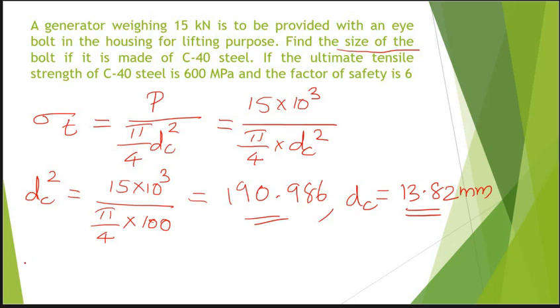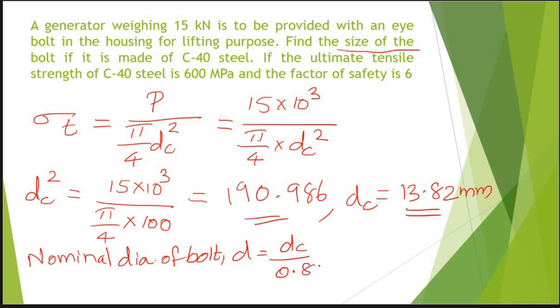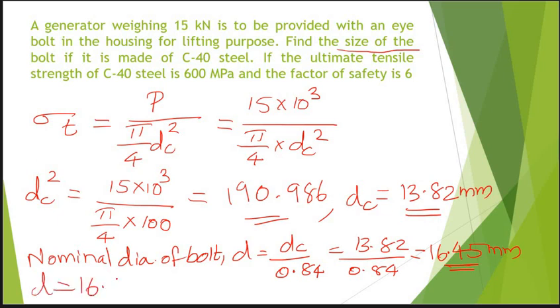So the nominal dia of bolt D is equal to DC divided by 0.84, equal to 13.82 divided by 0.84. You will get the answer as 16.45 mm.